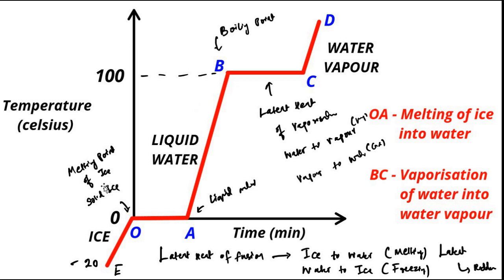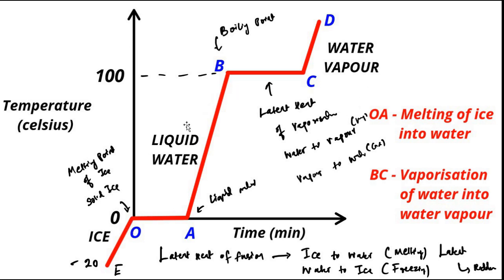If we reverse the process water to ice, then when the cooling happens, until point A there will be a drop in temperature. When it reaches point A, as long as the entire water has not been converted into ice, the temperature will remain constant, and only then, when it reaches O, it will start dropping.